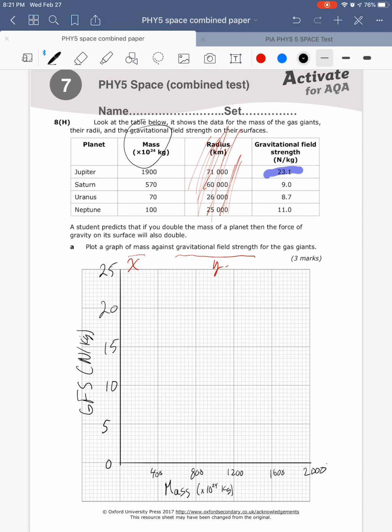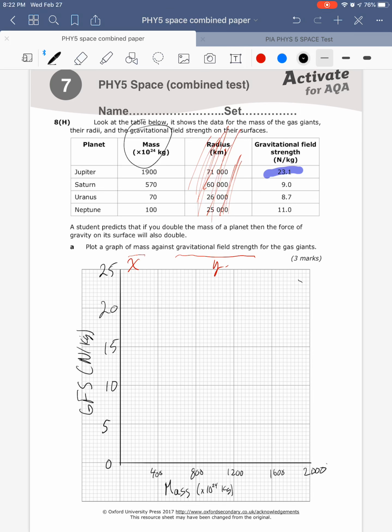So I'm going to start plotting my points. I need to look at 1900. 1900 is going to be about halfway between here and here, and the value is 23.1. So that's 21, 22, 23.1.